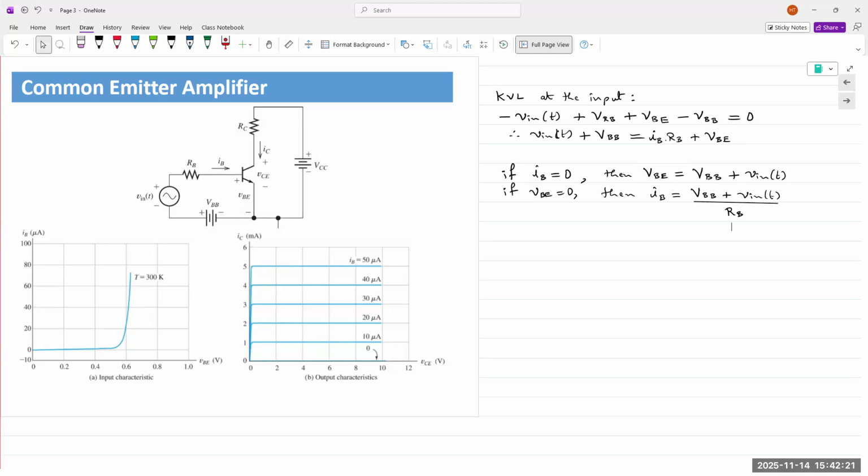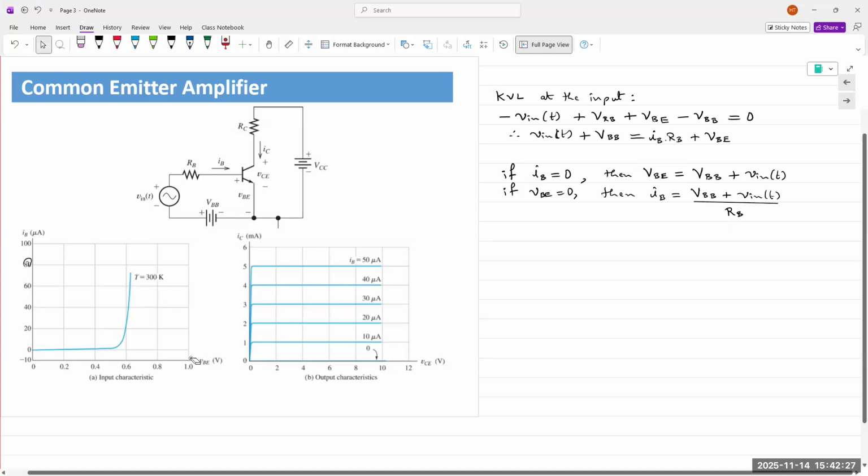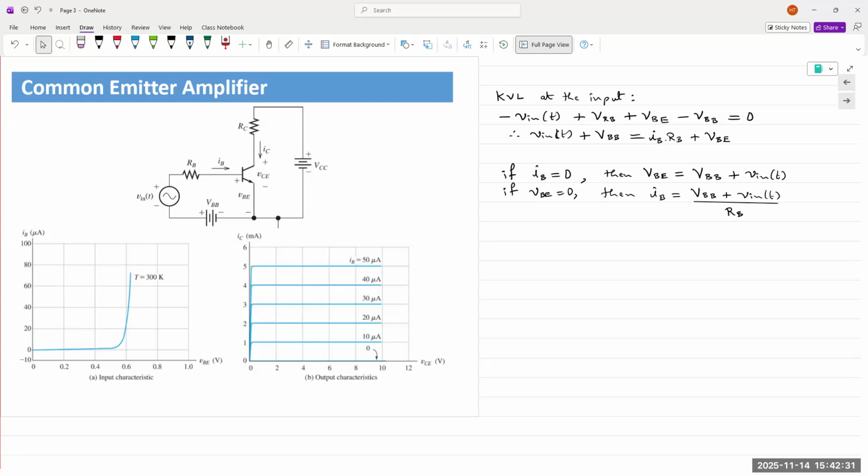This is to find the points for the load line. A load line requires two points to find the coordinates. If it's a line plotted on the graph, it must intersect the X and Y axes at some point. Y equals 0 gives the X intercept, and X equals 0 gives the Y intercept, and that's what we're doing.